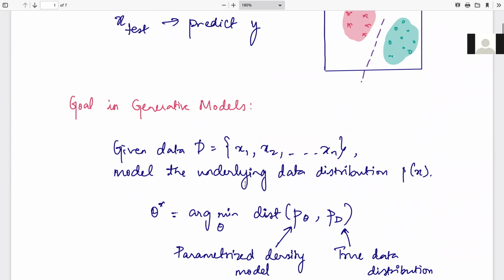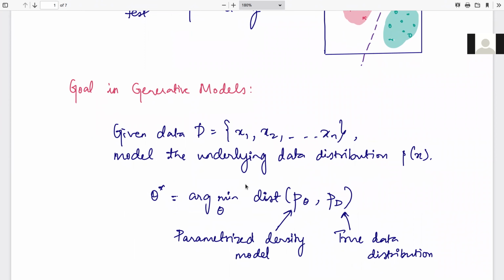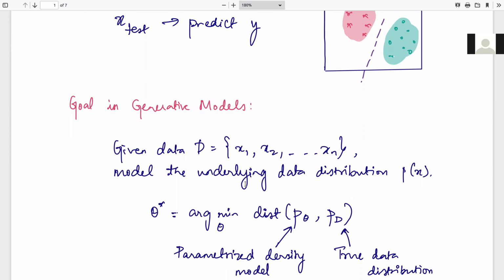However, generative models are different from discriminative models. In a generative model, we directly try to model the underlying data distribution P of x. Suppose D represents the training data, which is the samples drawn from some underlying data distribution P of x.